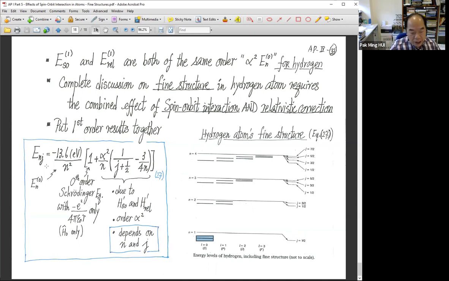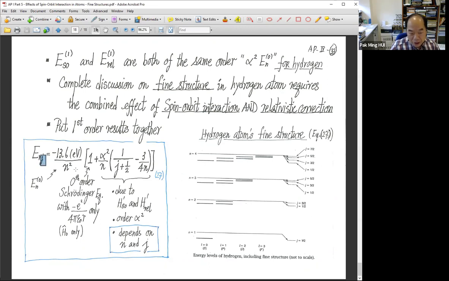So there's one state, but shifted. More interestingly are the 2s and 2p. Remember, when n is 2, 2s will only give you j equals half. But when L is 1, 2p can give you j equals half as well.